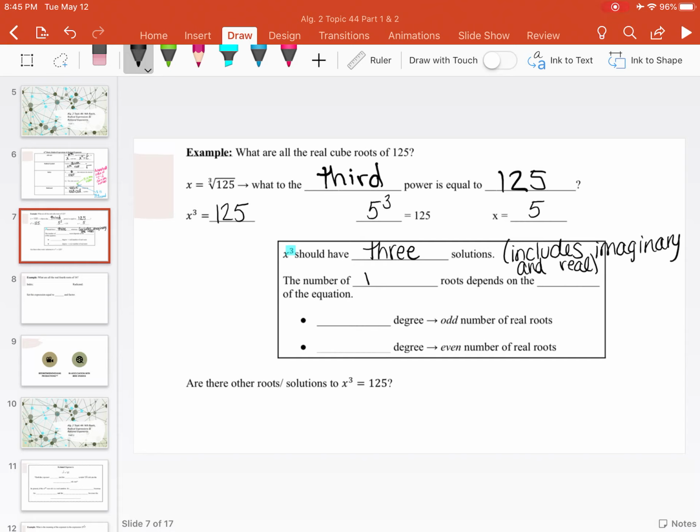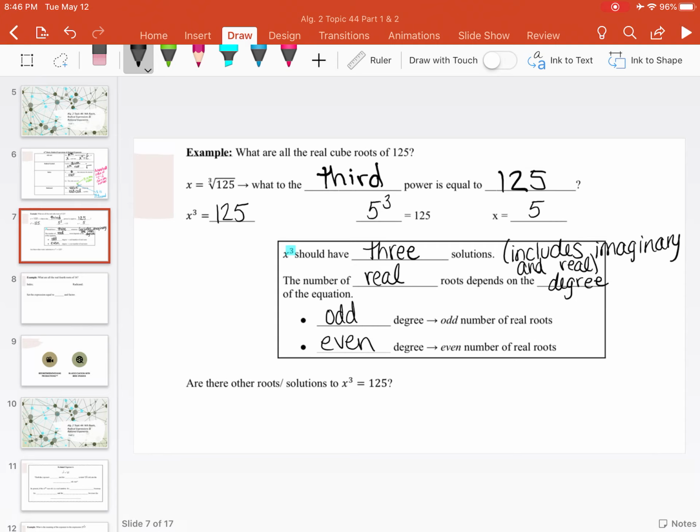Specifically, the number of real roots depends on the given degree. If we have an odd degree, we're going to have an odd number of real roots. It doesn't specify exactly how many real roots, but it narrows it down. So it could be 1, 3, 5, 7, etc. Similarly, an even degree has an even number of real roots.